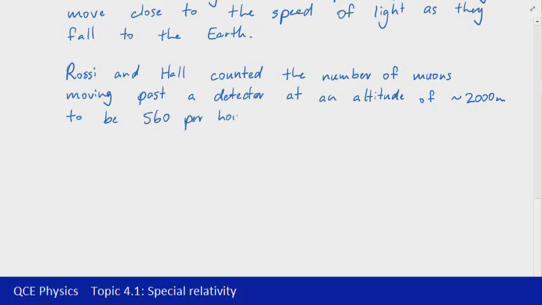So each hour they were detecting about 560 muons moving past the detector. And in this experiment, they also took the corresponding measurement at sea level. And by making a comparison between the two is where the discrepancy starts to become apparent. We'll talk about that in a bit more detail.